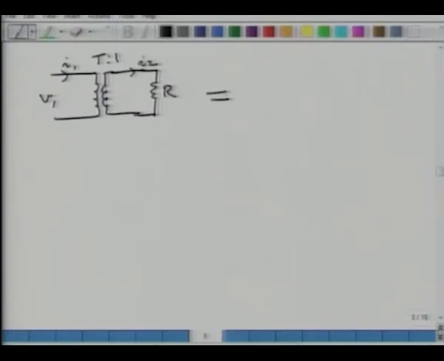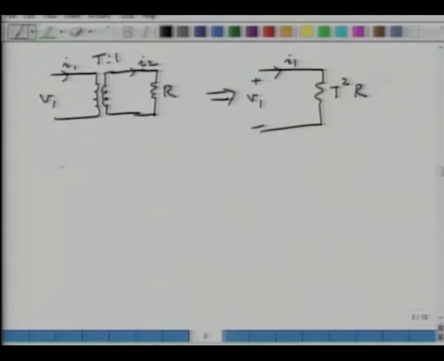This is equivalent to T squared R. So I can eliminate the transformer and replace it by a resistive load changed by a factor of T squared.